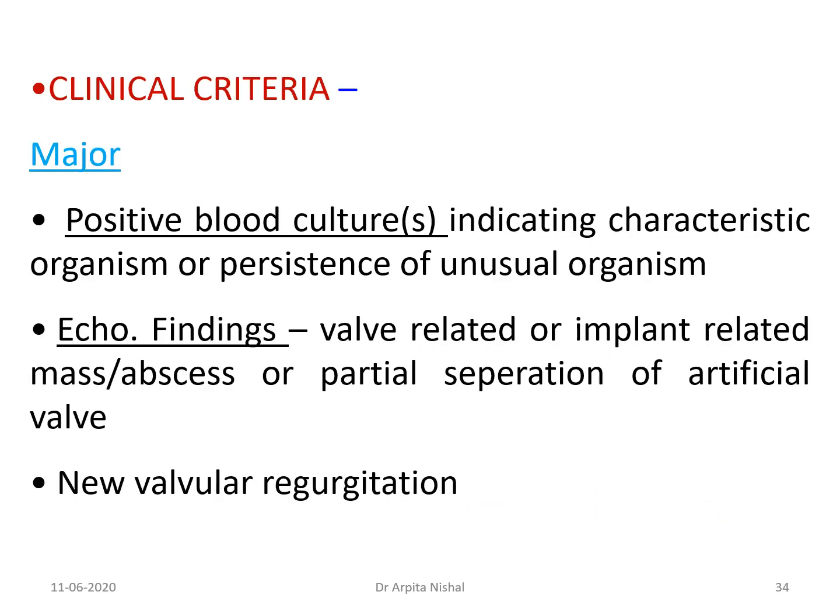In clinical criteria, there are major criteria and minor criteria. Major criteria are positive blood cultures indicating the presence of organism. Echo findings, valve related or implant related mass, abscess, anything. The echo findings are also major criteria. And as I said earlier, new valvular regurgitation.